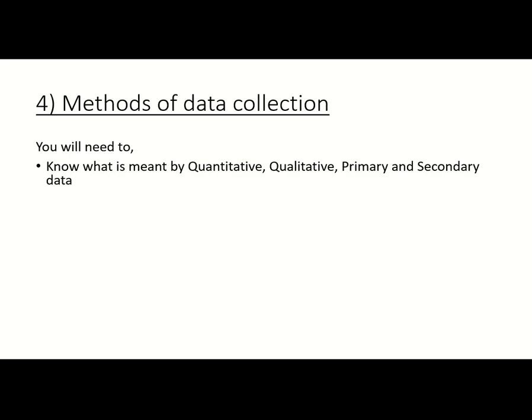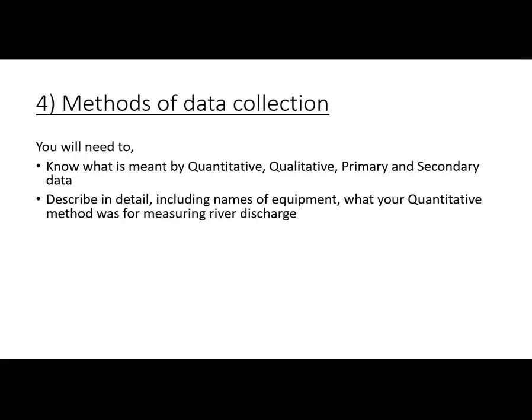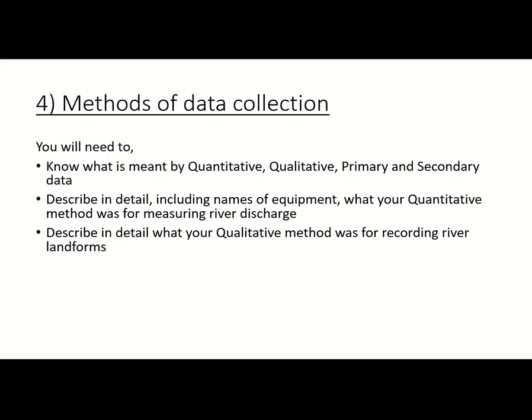So that's qualitative data. You need to describe in detail, including names of equipment, your quantitative method for measuring river discharge, and your qualitative method for measuring river landforms. Now they specify river landforms. Believe it or not, and it sounds mental, the exam board allow sediment in the river to be classed as a landform.